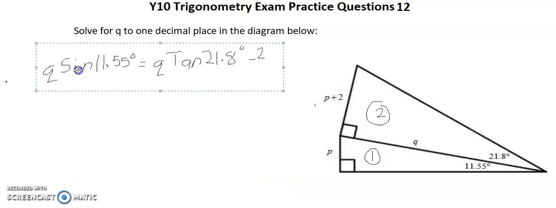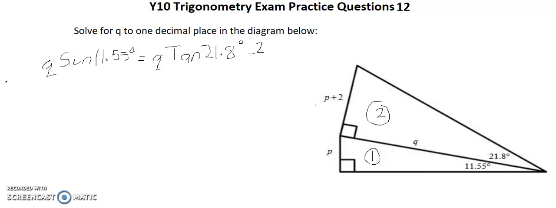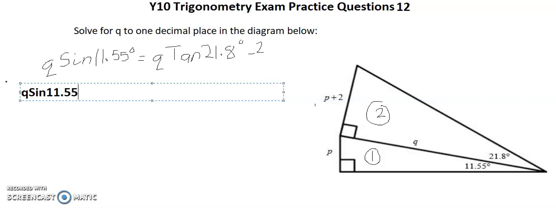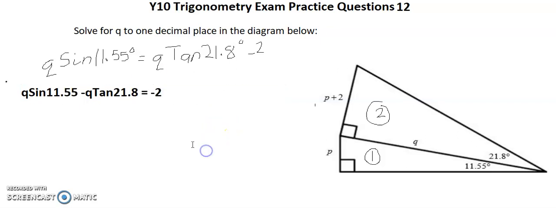So the next thing that I look at with this question is I need to again get all my Q's onto one side. So because on my right I've got plus Q tan 21.8 degrees, I'm just going to take it away. And that means I am going to get Q sine 11.55 degrees, I am taking away Q tan 21.8 degrees, and that is equaling negative 2 because I took away Q tan 21.8 from both sides.